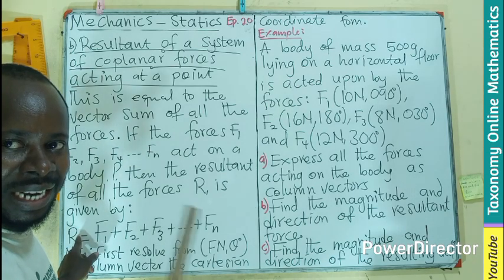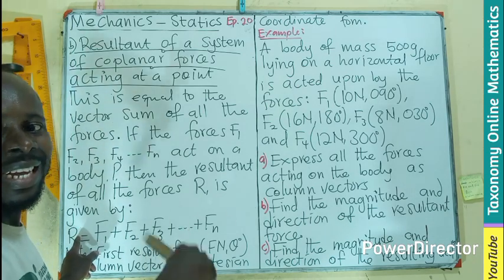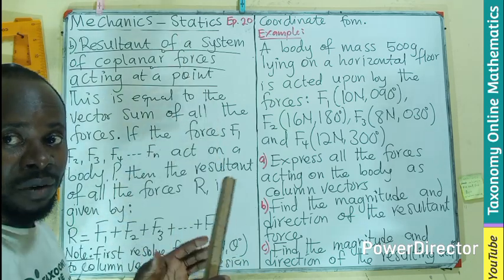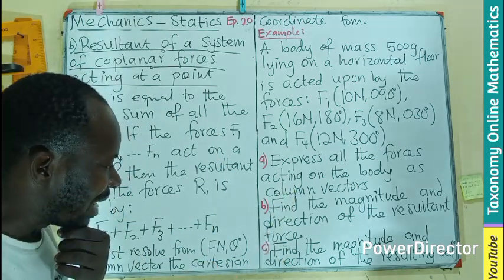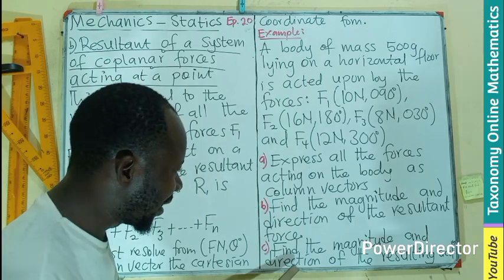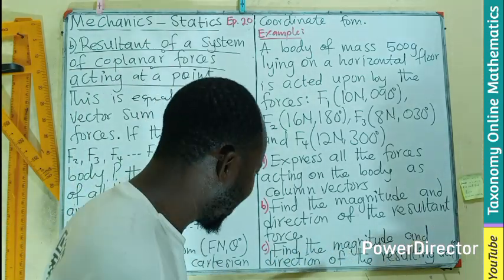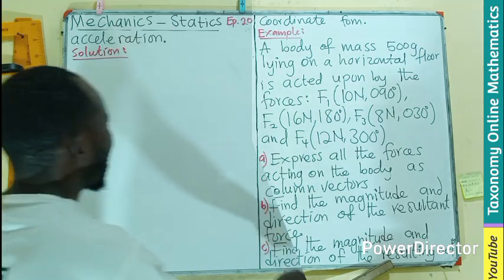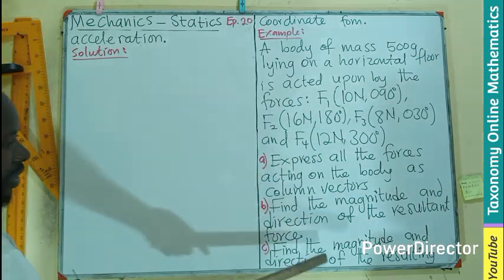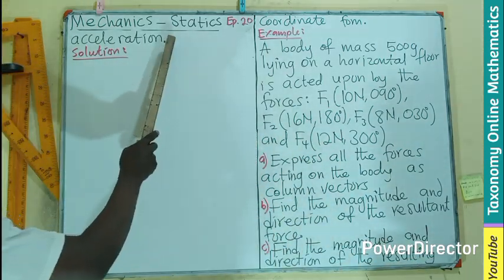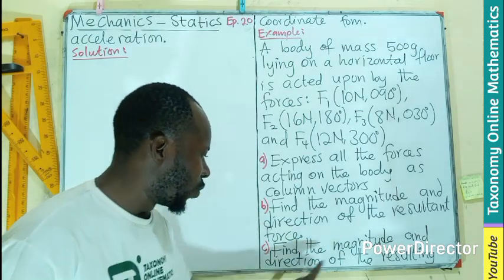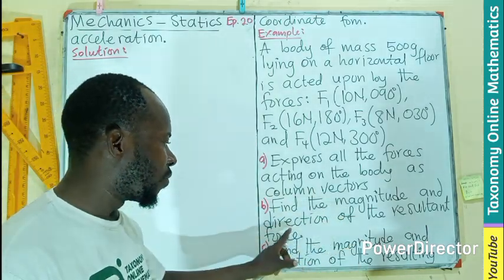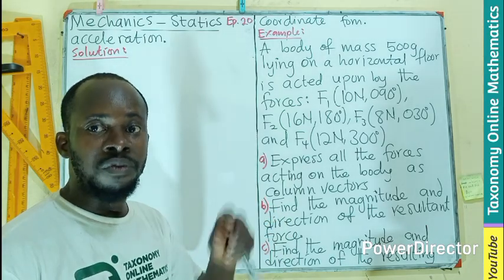We can check the previous episode on how to find the direction using the column vector. Then the last one is to find the magnitude and direction of the resulting acceleration.